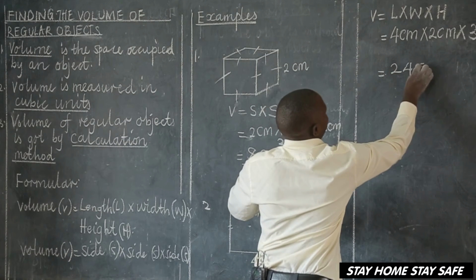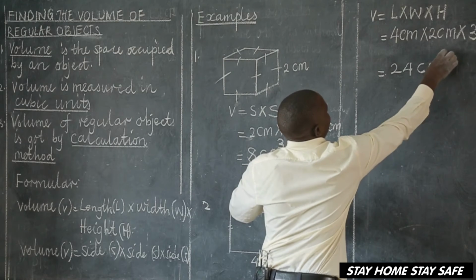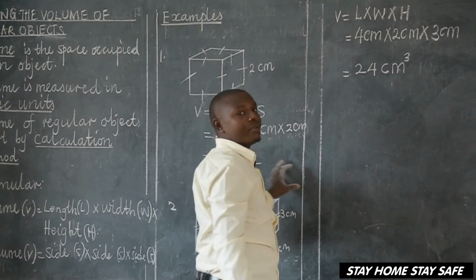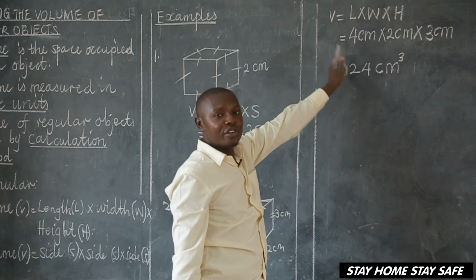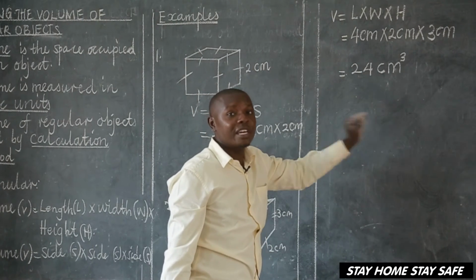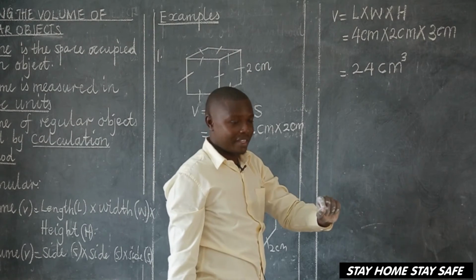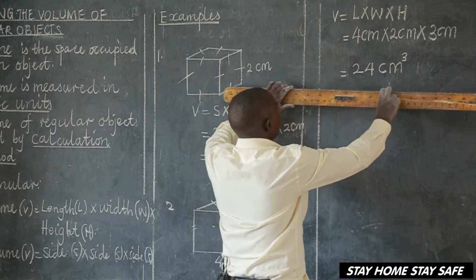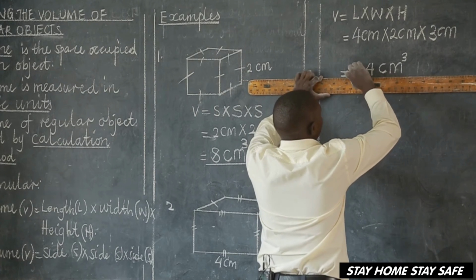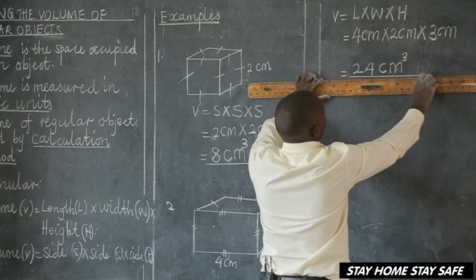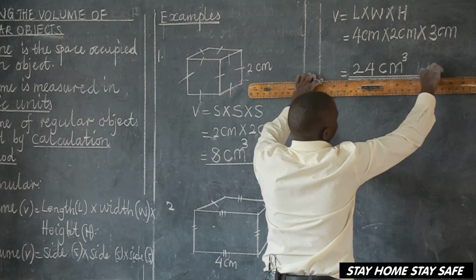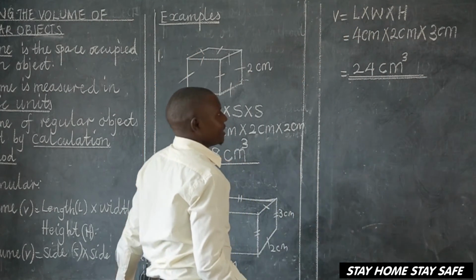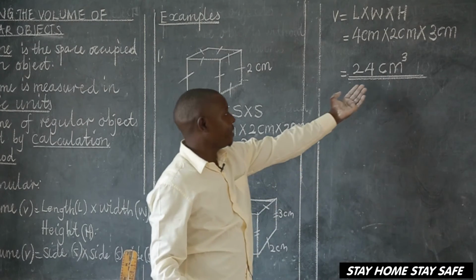24 cubic centimeters. Why does it become cubic centimeters? We are looking for volume, and volume is measured in cubic units. After finishing that, get your ruler and draw a straight line to show that you have completed your calculation.